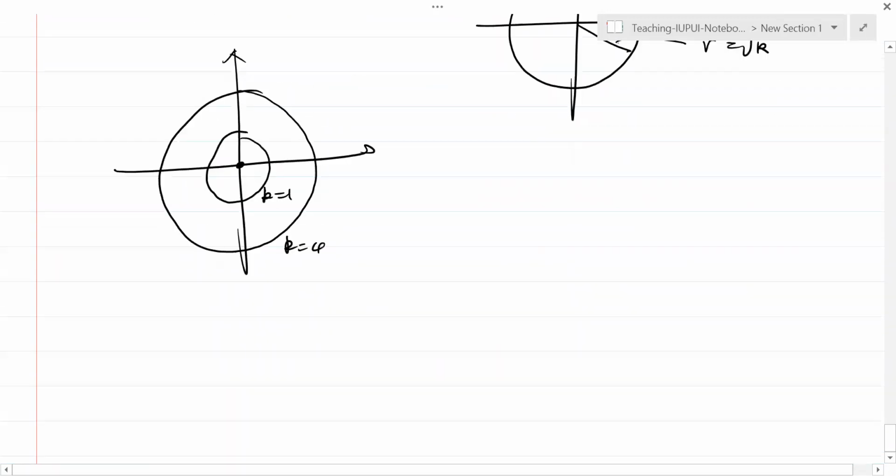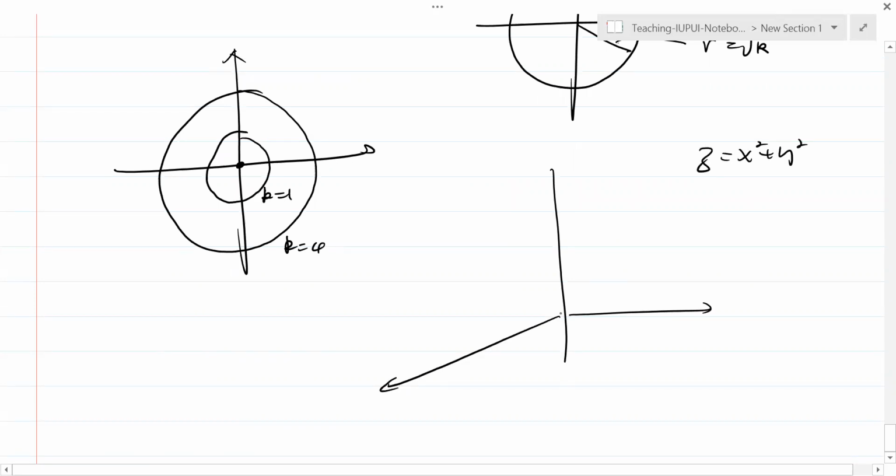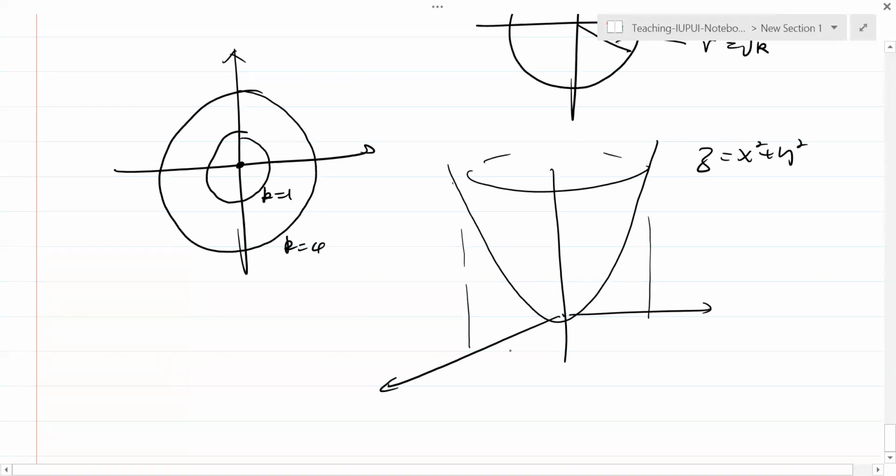And here's a picture. Z equals x squared plus y squared is going to be a paraboloid. If you come down to here, you get a circle.